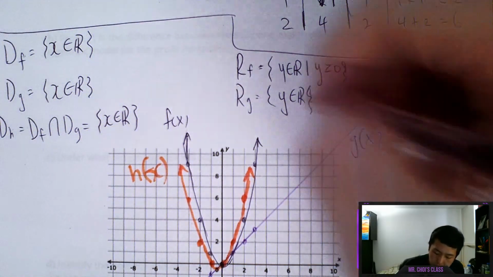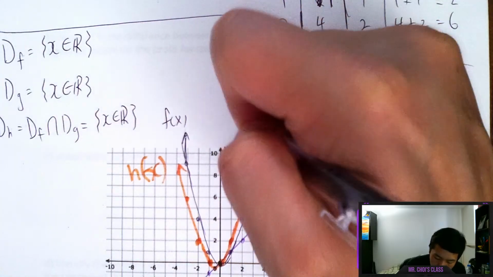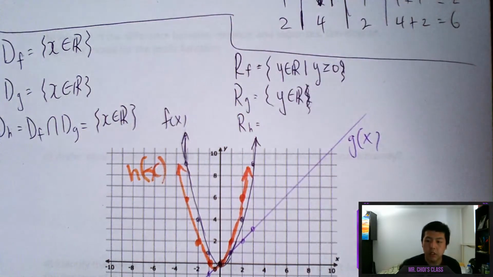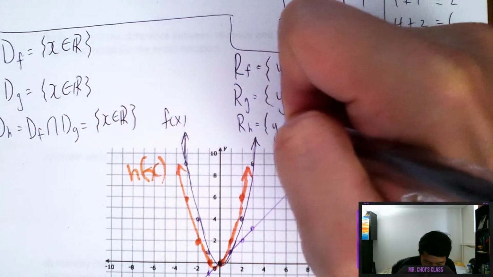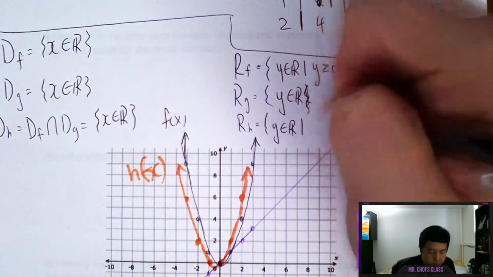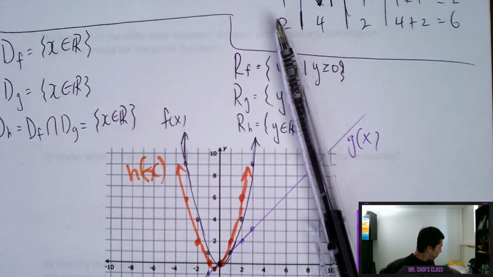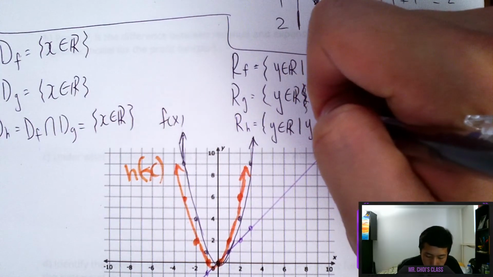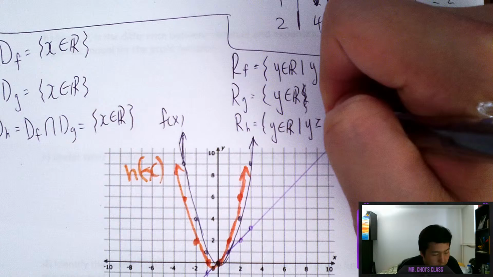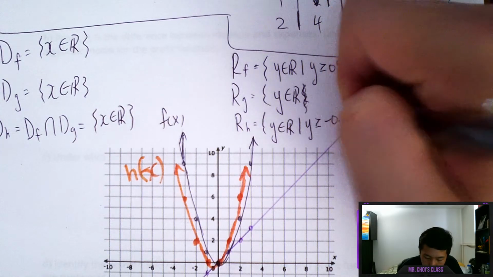The range of h, however, is different. y is any real number such that y is greater than or equal to negative 0.25.